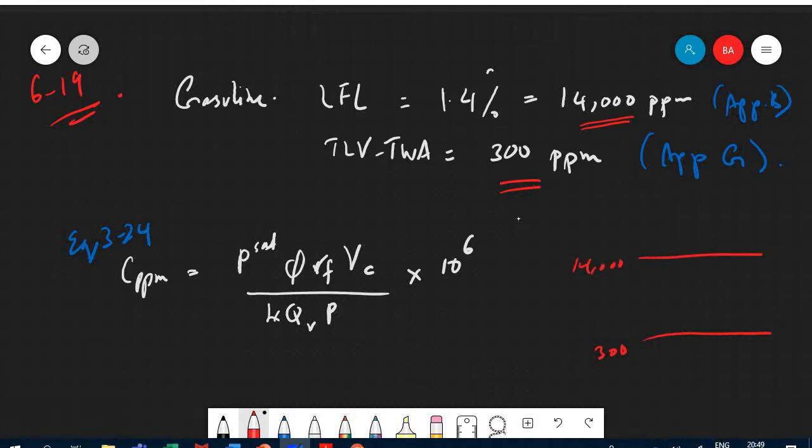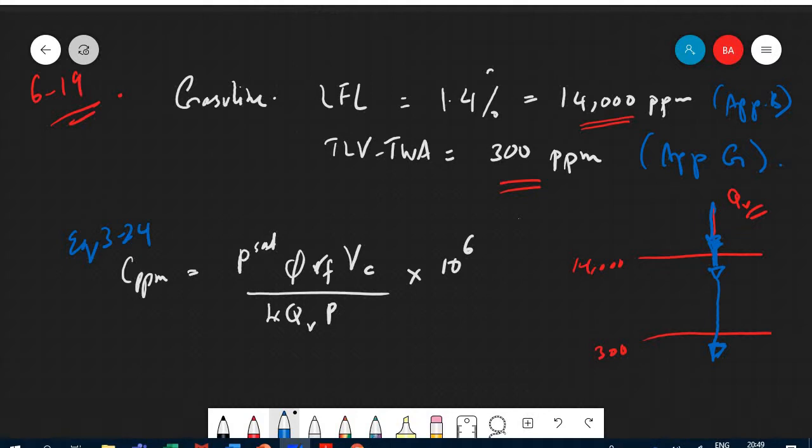Because of QV, you're trying to reduce the concentration, going down till you reach below this limit. I'm happy. But actually you're exceeding the threshold limit value. So you will need more ventilation to go down and down and down to go beyond the threshold limit value.